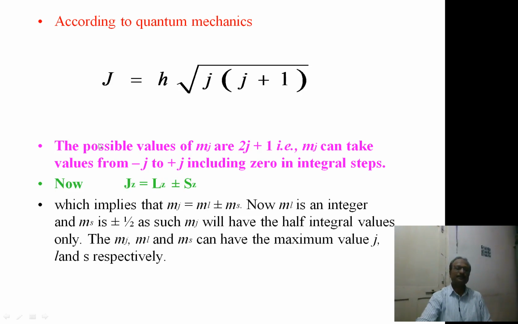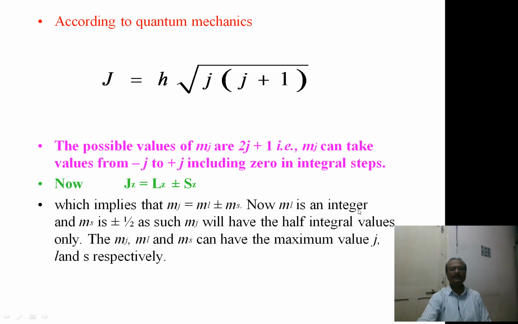Also, we can express this total angular momentum vector in terms of its component along the z axis as Jz equal to Lz plus or minus Sz, which implies that the total angular momentum magnetic quantum number mj is the sum of the magnetic orbital quantum number ml and the magnetic spin quantum number ms. Plus is for the clockwise motion and minus for the anti-clockwise motion.